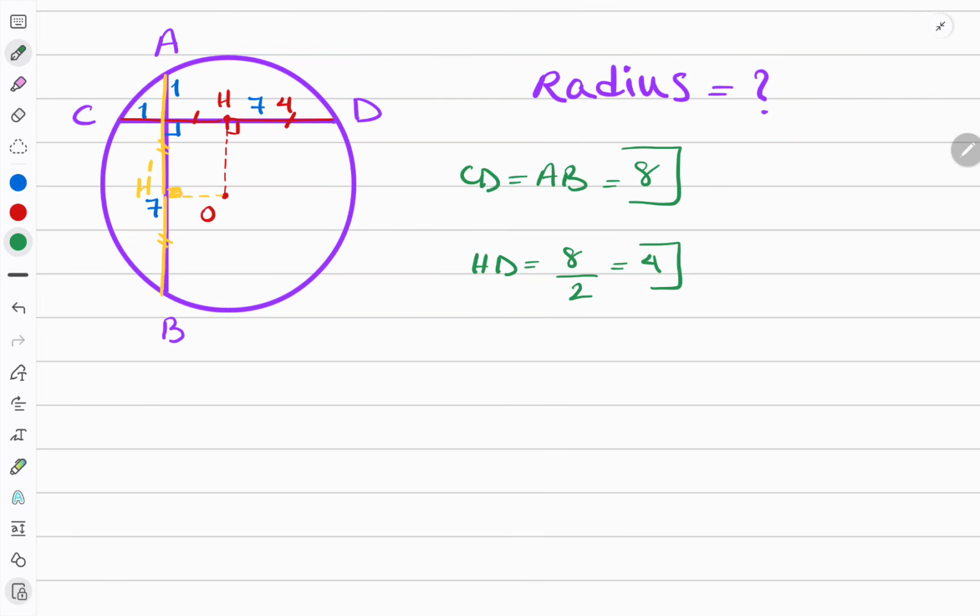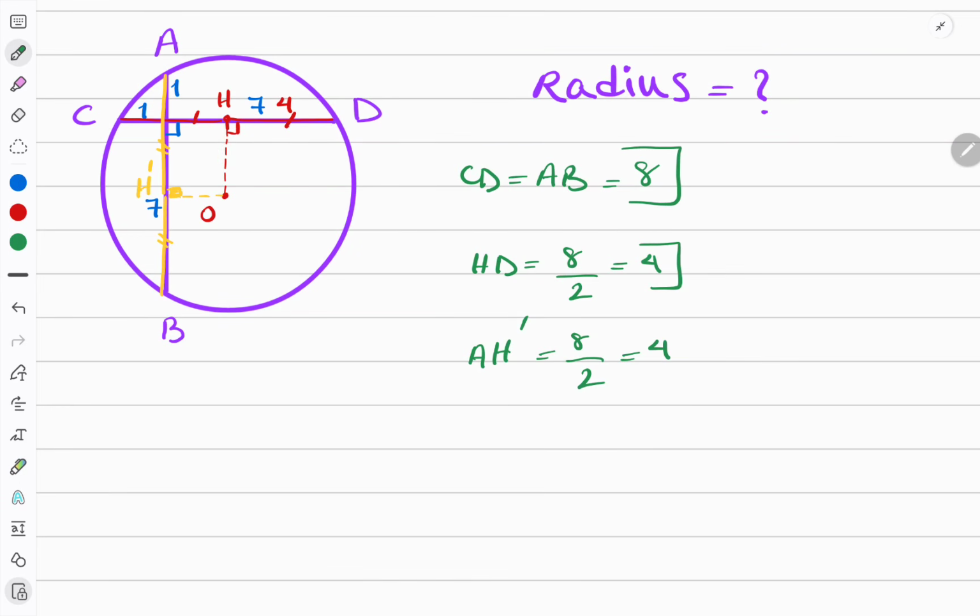Okay, so in this case, AH prime here is half of 8, 4, and I'm going to find the OH.